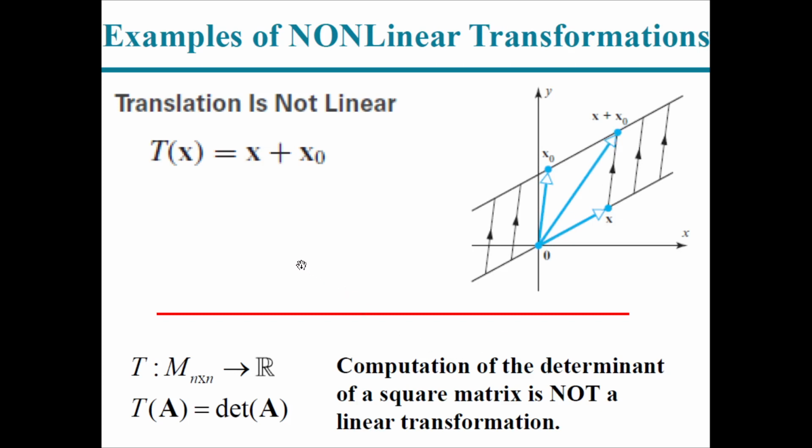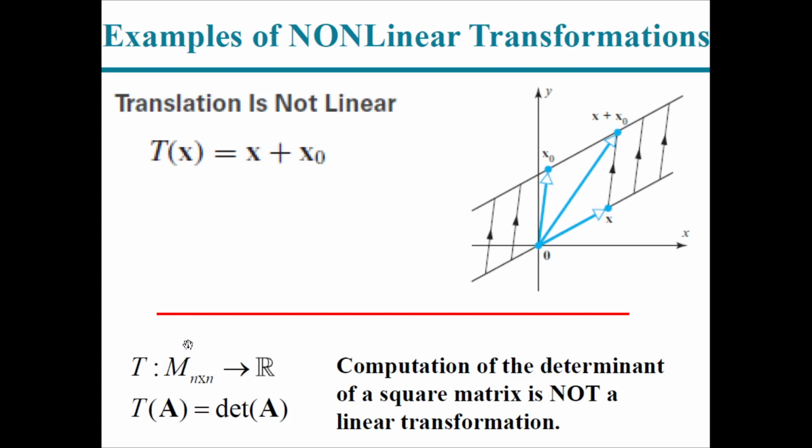That's a translation and that's not linear, even though the graph is a straight line. So linear transformations must map 0 to 0, mandatory. They are not the only functions doing that, but any linear transformation must map 0 to 0.